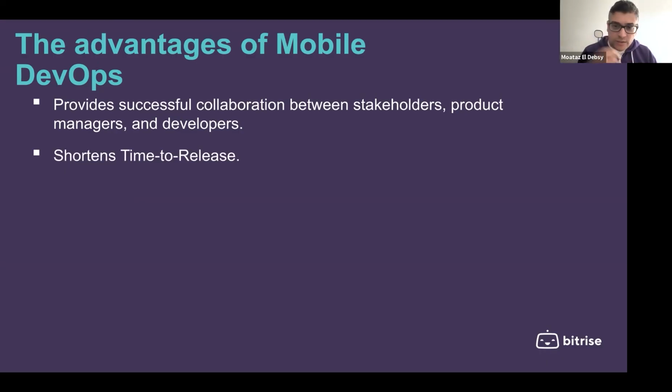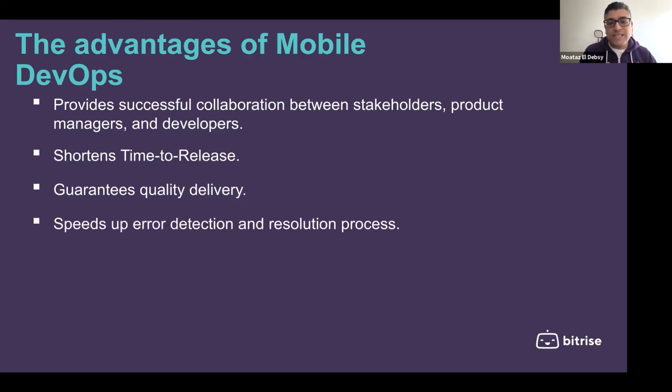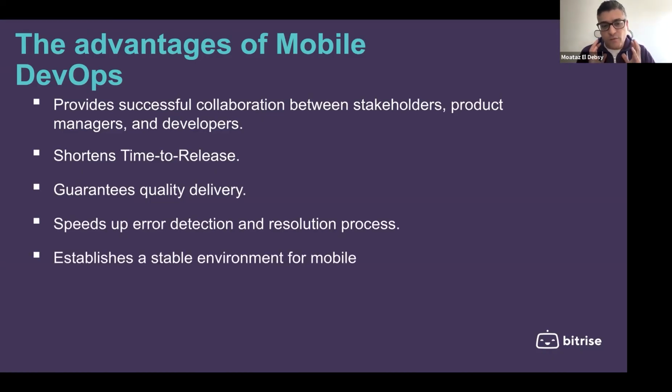Shortest time to release, so we will release our application in a short time. Guarantee quality delivery because we will apply test automation and the different things related to testing. Speeds up the error detection and resolution process. Establish a stable environment for mobile, which is important if we apply CI/CD and use a stable CI environment.